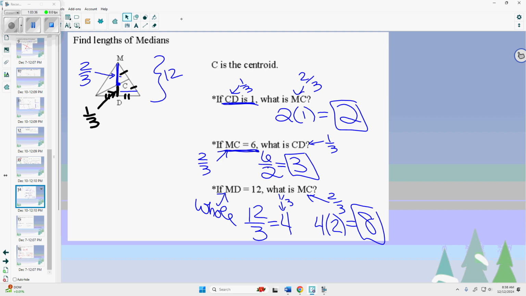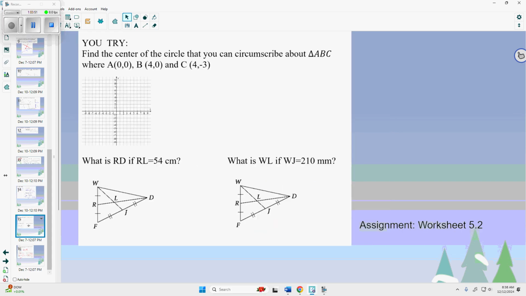You do not want to bisect the angles. You want to do the perpendicular bisectors like you did back on page 2. And then the next 2 are centroid questions, dealing with the 1/3, 2/3. So go ahead and do those, please. I'll come around and help and get homework passed out at the same time.